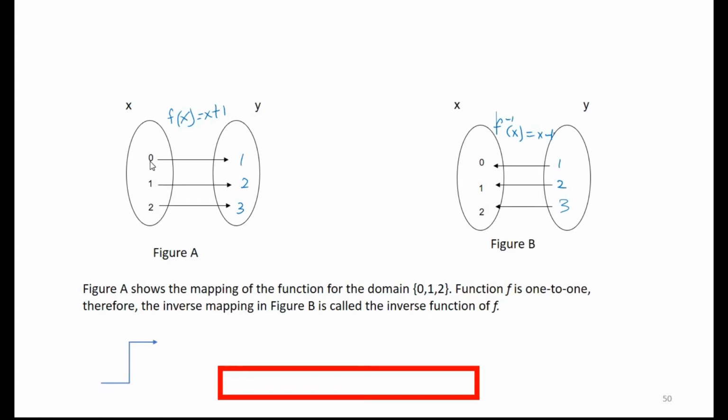From 0 it will map to 1, from 1 it will map to 2, from 2 it will map to 3. So in figure B, 1 maps to 0, 2 maps to 1, 3 maps to 2. This is the inverse of the function f, where from 1 to 0 the function is x minus 1.